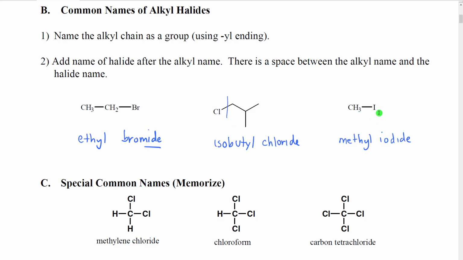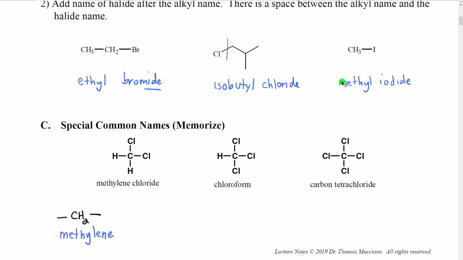And then methyl iodide. In general, like most common names, these common names are typically only used for smaller molecules with small carbon chains and relatively uncomplicated carbon chains. But methyl iodide, for example, is widely used by organic chemists to name that substance.